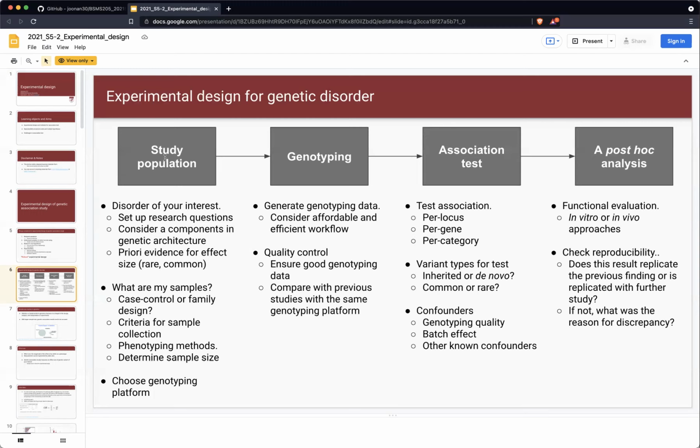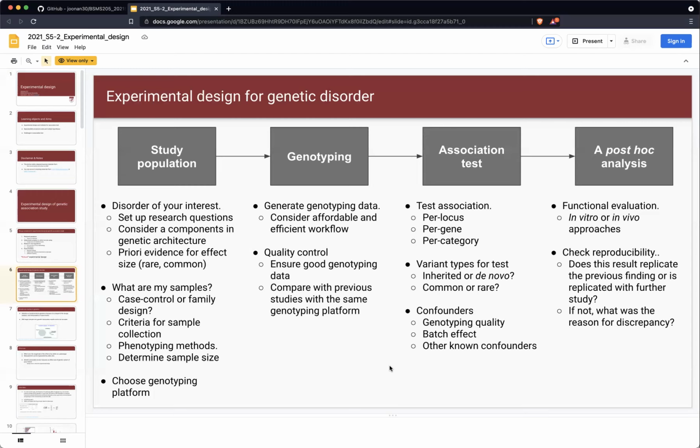We know there are many components in a genetic architecture, like the types of the variants, or the allele frequency of the variants. All of these things can be considered in your experimental design. Then you can pursue whether those things severely affect your experiment or not.